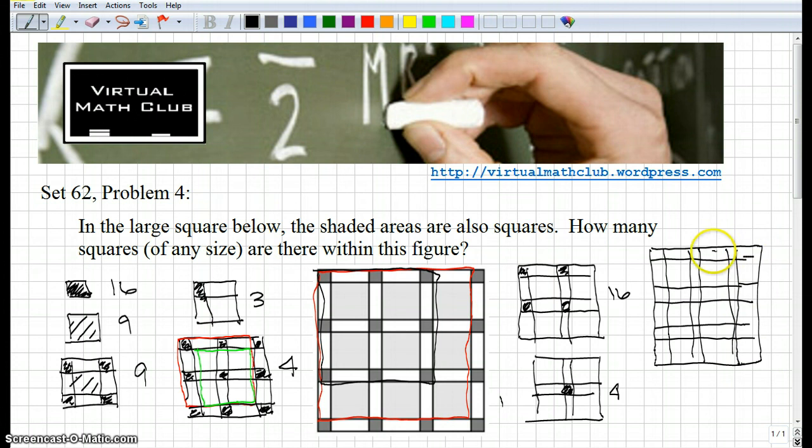It's not very well drawn, but you see what I'm talking about. We can rotate this one 90 degrees 4 times, and we end up getting 4 of these. So that's this red square that I've drawn here. So there's 4 of those.